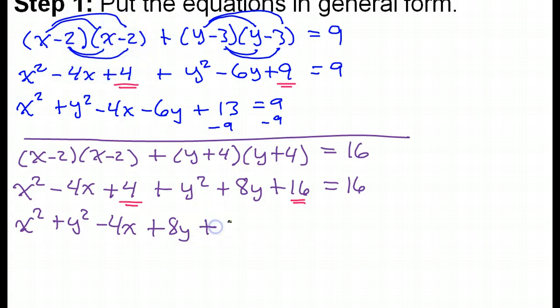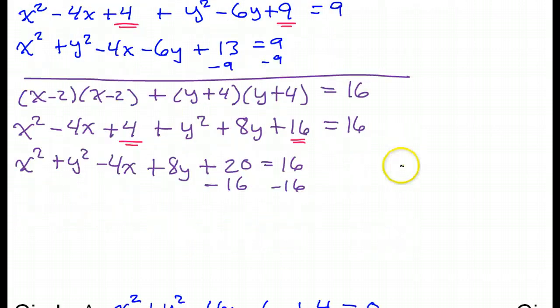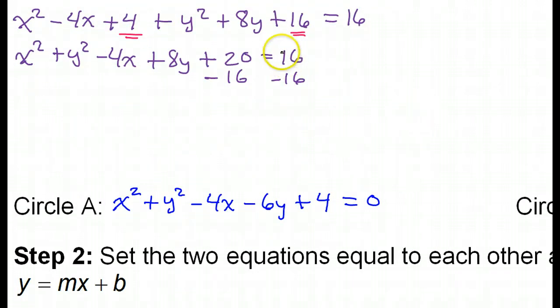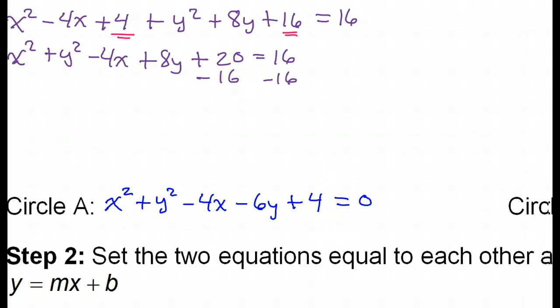So I've got plus 20 is equal to 16. Then I would subtract 16 from both sides. So 20 minus 16, there's 4. Well, there's that 4 again.